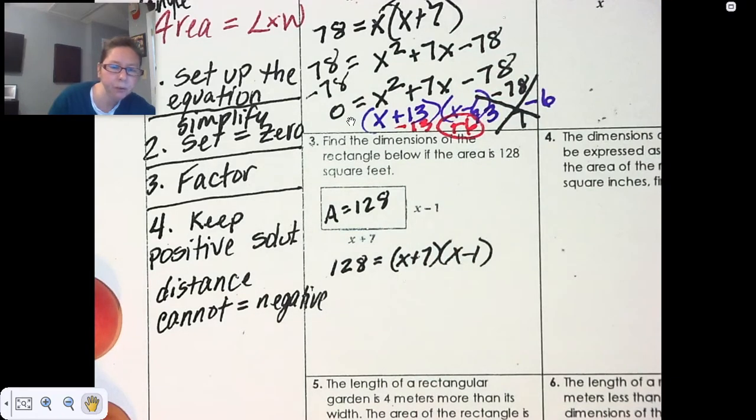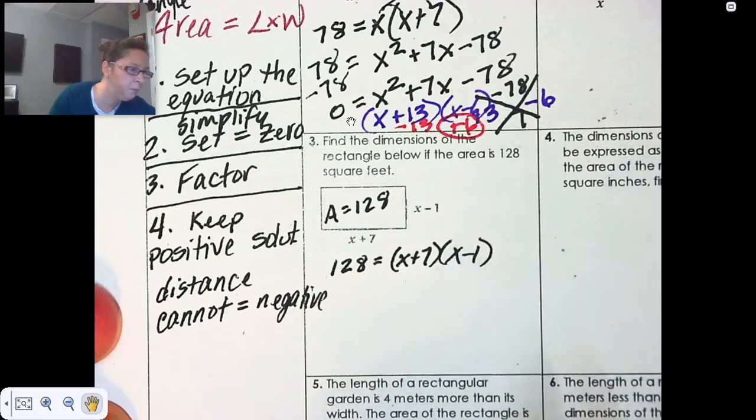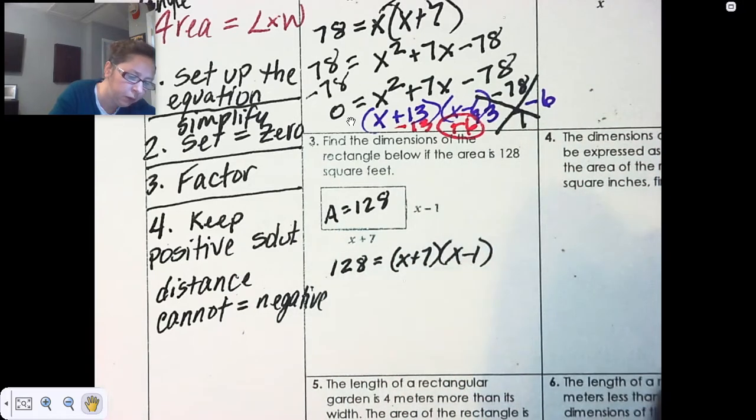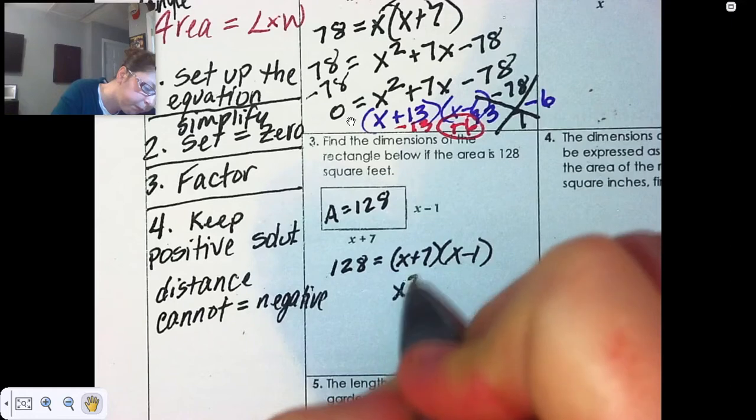Okay, then I'm going to multiply this out. If you want to use the box method, you can, or you can use the FOIL method. Remember, either one is okay. I'm going to use FOIL since I have so little space in this box. So x times x is x squared.